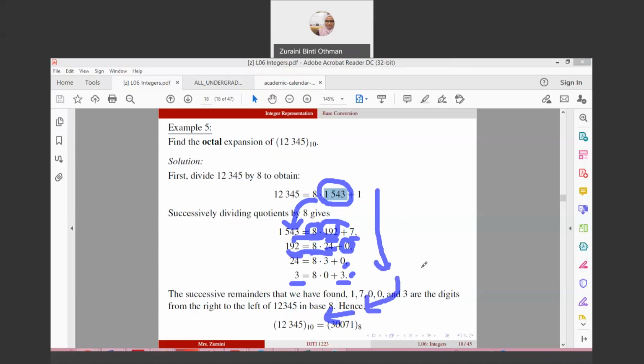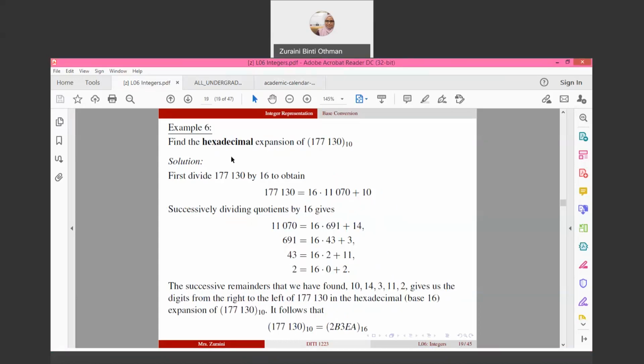Okay. So here, this is the hexadecimal expansion. How do we find the hexadecimal from the decimal expression? Like previously, we divide by 16 this time. Same as before, the remainders we bring forward. Okay, do you see? We bring it forward.